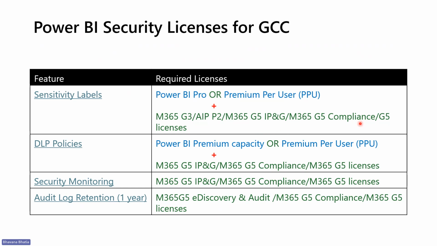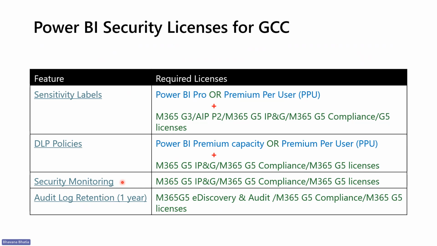For DLP policies using Purview, the user needs a Power BI Premium Capacity or Power BI Premium per user license. In addition to this, they also need any M365 G5 SKU like G5 IPNG or G5 Compliance or the overall G5 licenses.